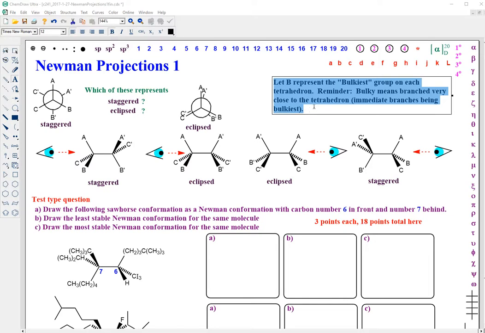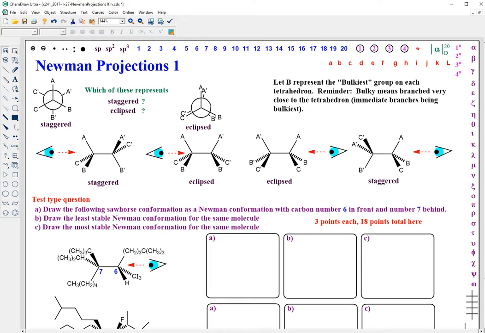Let's do the problem. Down here, we're instructed to have our eyeball looking from the right side here. Carbon 6 will be in front, carbon 7 will be the hidden carbon. Directly above the eye is this group here. I always start with that group.